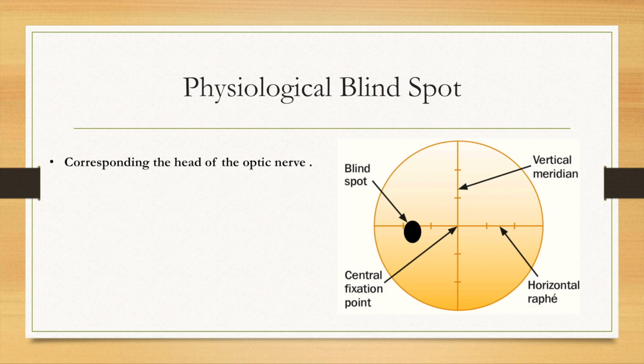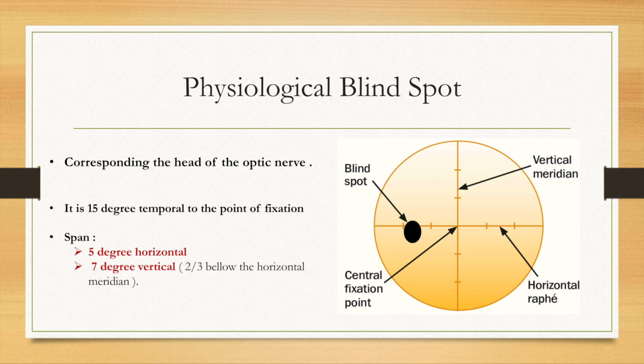The blind spot is located between 10 and 20 degrees. It's 15 degrees in the temporal part of the visual field, temporal to the central fixation point.